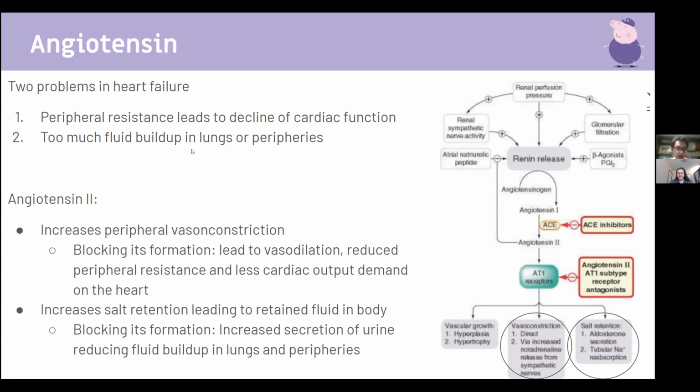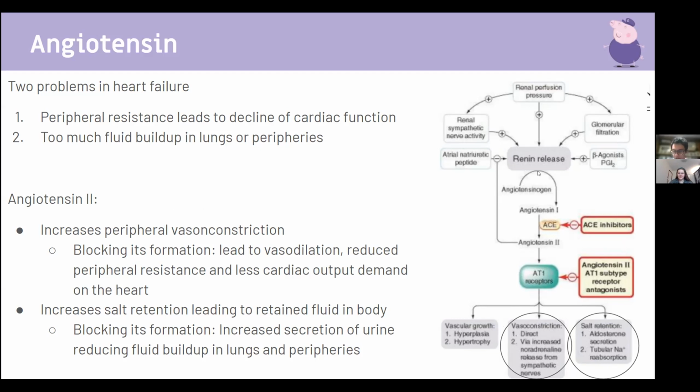If you remember, in heart failure, peripheral resistance is contributing to our decline of cardiac function. So this vasoconstriction is worsening the cardiac failure. And there's too much fluid buildup in the lungs or peripheries, giving us our symptoms and signs. So retention of water is problematic. Remember, the salt will follow the water.